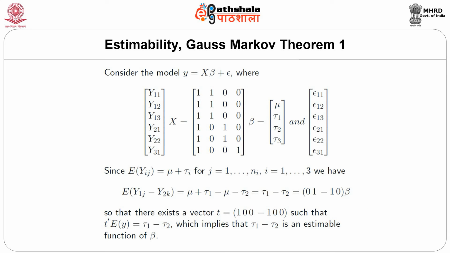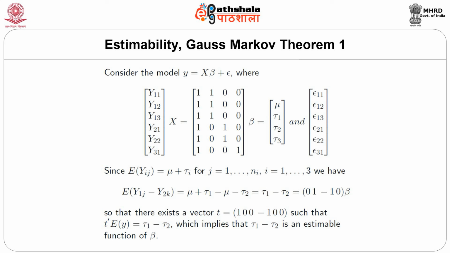Consider the model y equals X beta plus epsilon, where we have the following matrix equation. The y consists of y11, y12, up to y31. The design matrix X has first column consisting of all ones, second column 1 1 1 followed by 0 0 0.